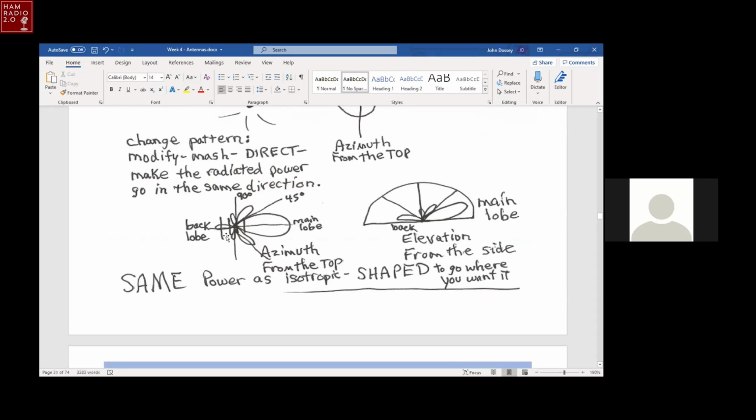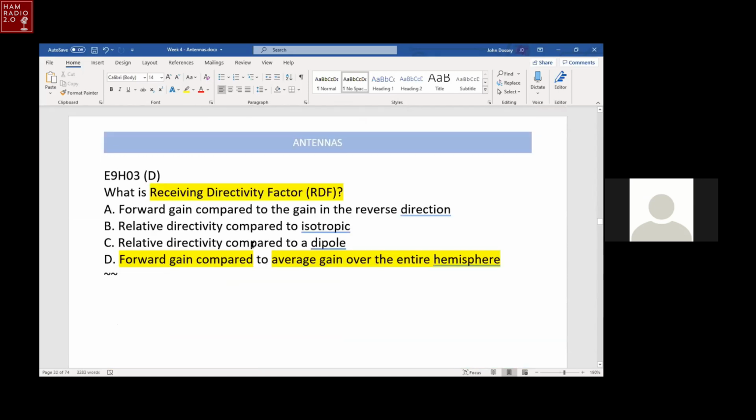So if we add up all the power coming off this Yagi antenna right here in this azimuth antenna pattern, that's the power we put into the antenna. And then the power that's represented by this main lobe is the forward gain. So that's the useful part of that Yagi antenna pattern. That's called the receiving directivity factor, RDF.